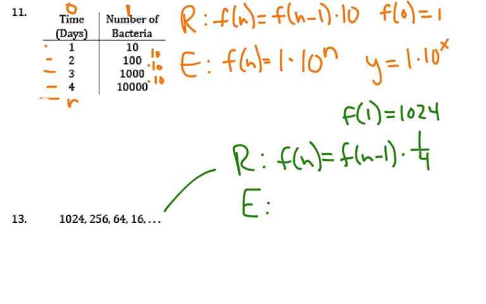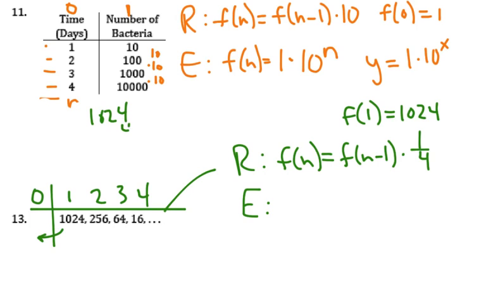If I were to make this a table, this would be 1, 2, 3, 4. So to get back to 0, we're going to have to work backwards, so we'd have to times that by 4 to find out what number we started with. So it'd be 4096.